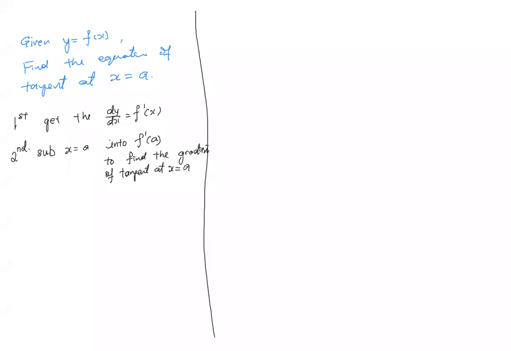So after that, what should I do next? I should sub x equal to a into y equal to f of x to find the y coordinate of the point, correct?